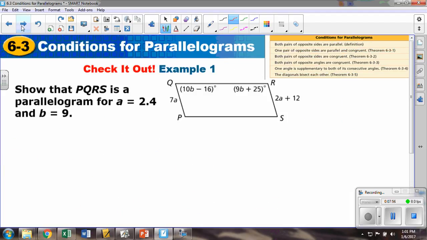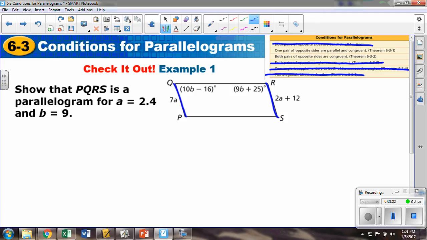So what about here? Show that it's a parallelogram. Okay, when I start looking at this problem, the first thing I notice, I'm being given information about the sides. And since I'm being given information about the sides, it tells me I'm going to use one of the things about sides. I'm not using the diagonals. I'm not using those angles. I'm looking at this and saying right here, we have 2 pieces that talk about having sides.